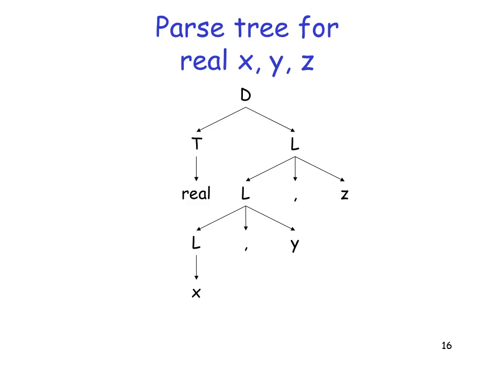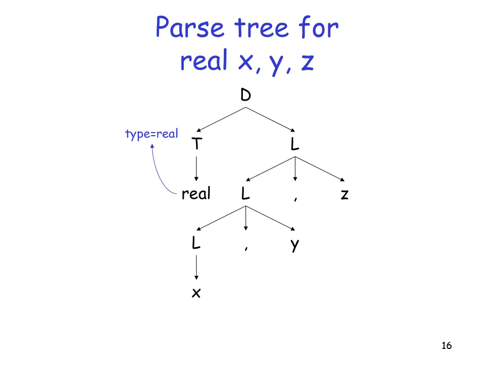We can explain the same concept using an example, real x comma y comma z. Here also a parse tree should be drawn, and the next step is to evaluate the attributes. Here it is an inherited attribute, so we have to evaluate based on its dependency.